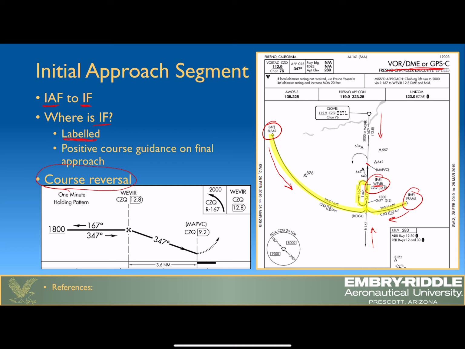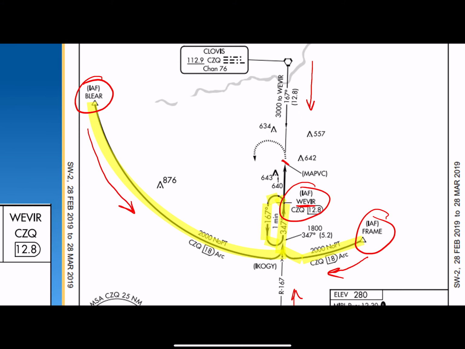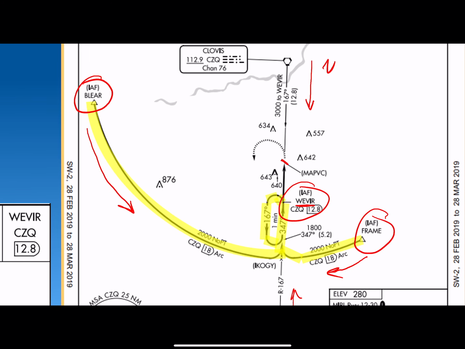So for example here, if I was flying from the north towards the south on this, I would have to do a course reversal to get established on final approach. Let's say I'm coming down from Clovis. I've hit my initial approach fix, so at this point I've started the approach. To truly be established on the approach, I need to turn myself around, so I would do a course reversal or a procedure turn.